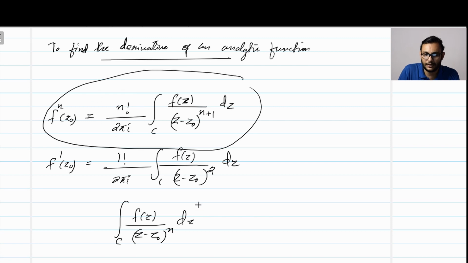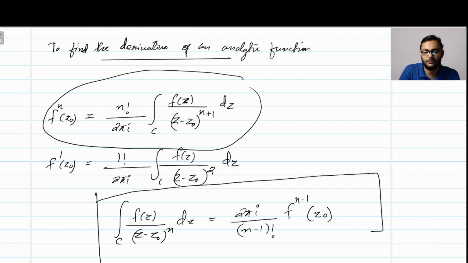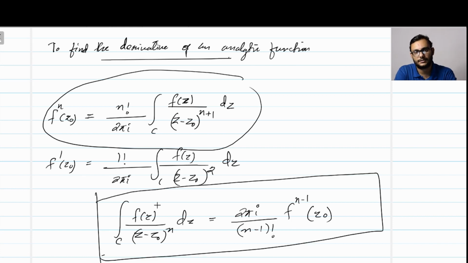That is, this is simply given by 2 pi I divided by n minus 1 factorial into f n minus 1 of z0. This is the expression for these kind of integrals.